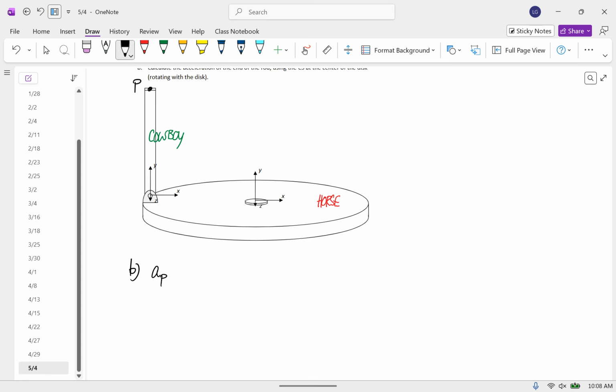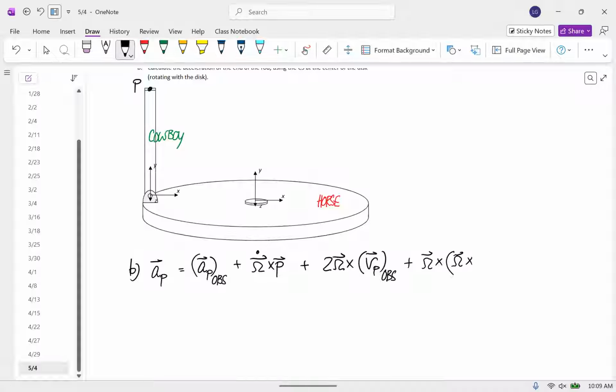And the acceleration of that point P is equal to the acceleration of P that's observed in the coordinate system plus the angular acceleration of the coordinate system crossed with the position vector, plus 2 times the angular velocity of the coordinate system crossed with the observed velocity of that point P, plus capital omega cross capital omega cross P. And now we're just going to go and collect these things.